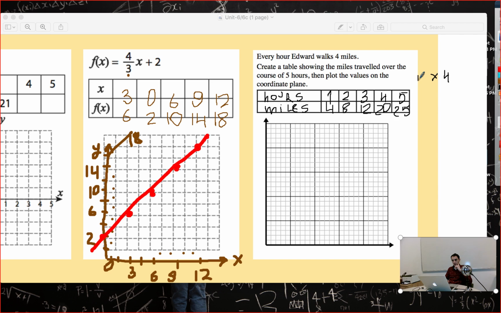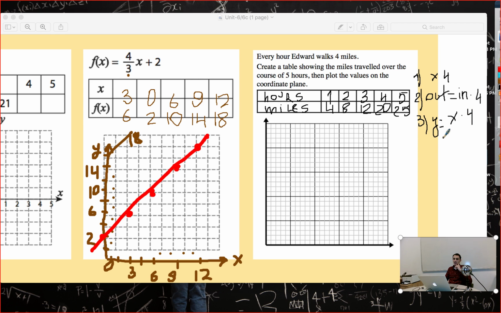This is the first way to explain the rule. The second way is output is equal to input multiplied by 4. The third way for explaining the rule is y as an output is equal to x input multiplied by 4.